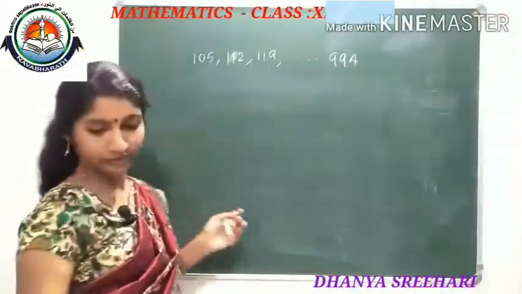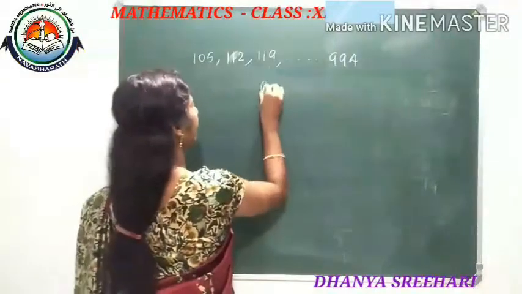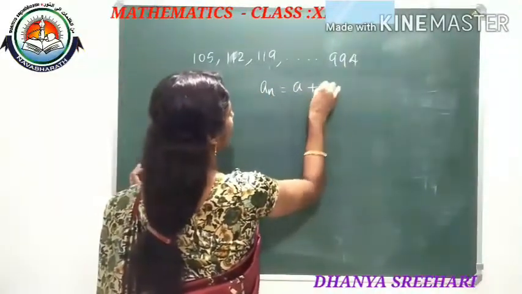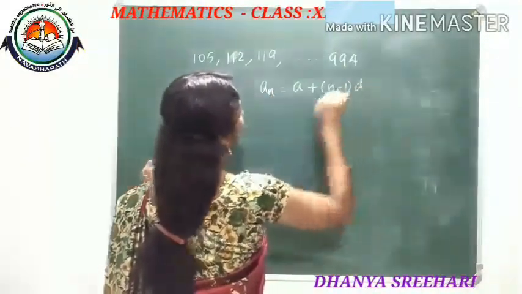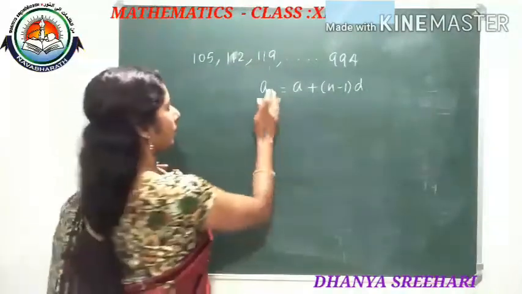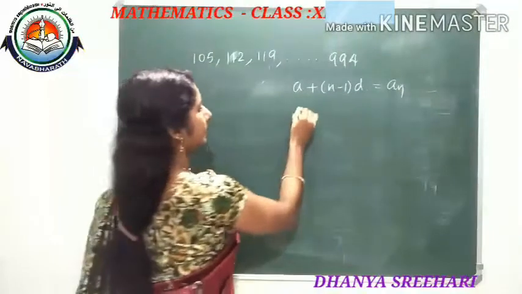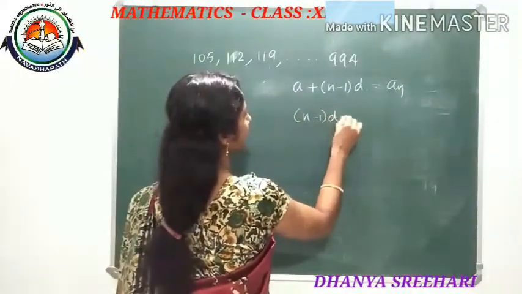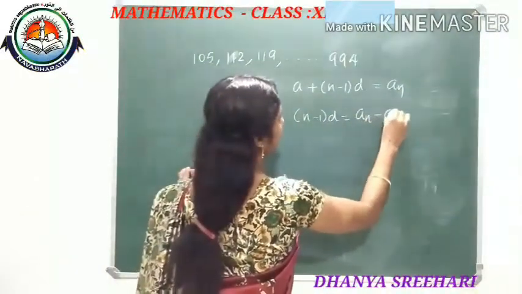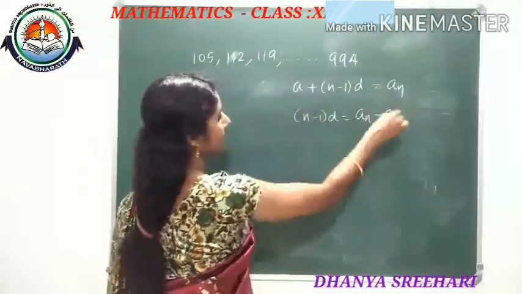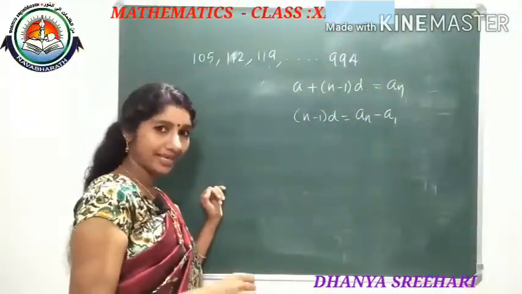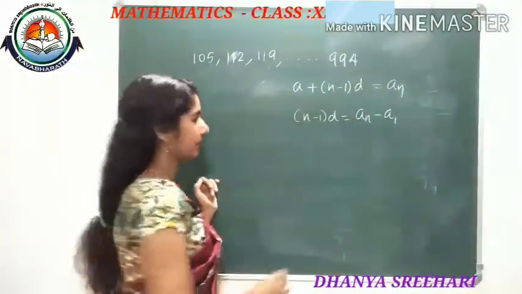To find the number of terms, what are we doing? An is equal to A plus N minus 1 into D, we are writing. Correct now? Or A plus N minus 1 into D is equal to An. Then we can write N minus 1 into D is equal to An minus A1. This A is going to that side. An minus A, A only I wrote it as A1.